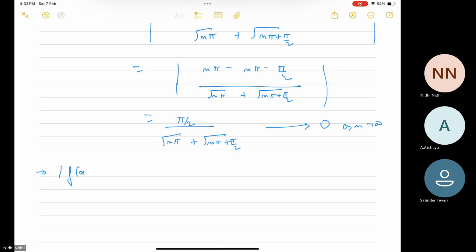And if we look at mod fxn minus fyn, this will be mod sine xn square minus sine yn square.